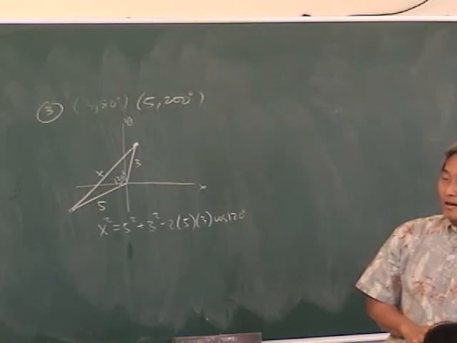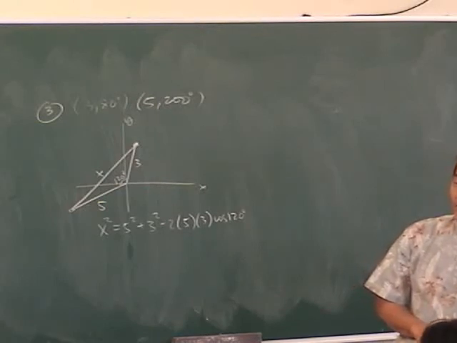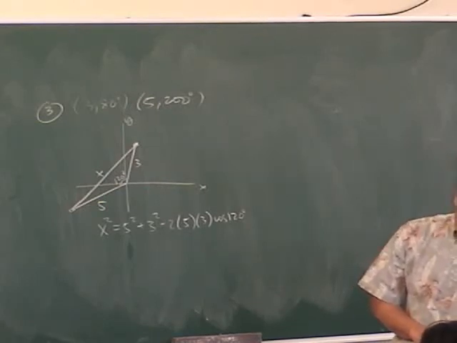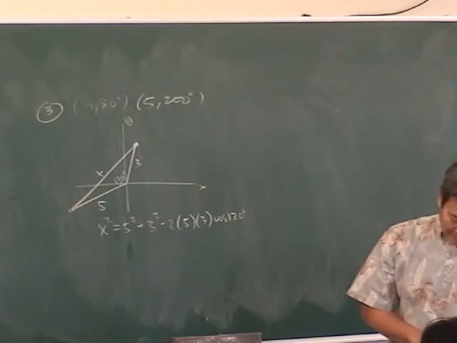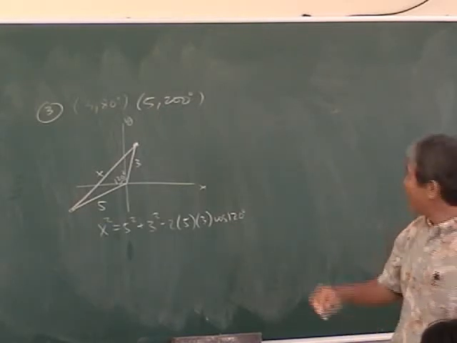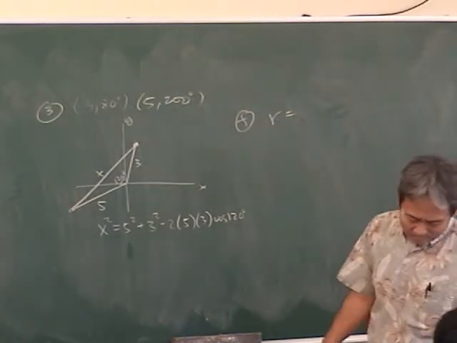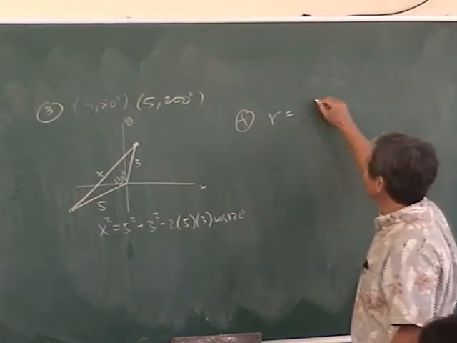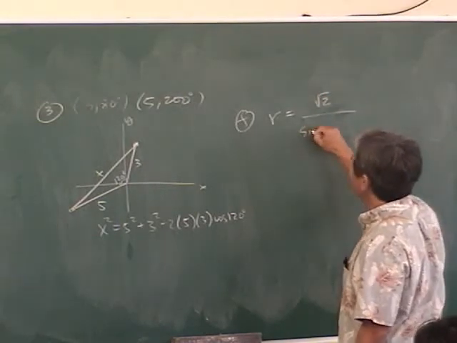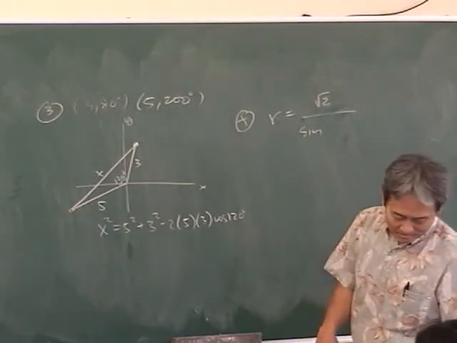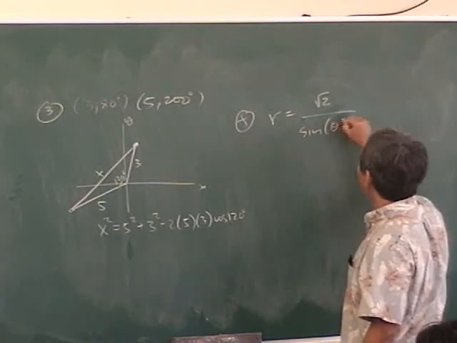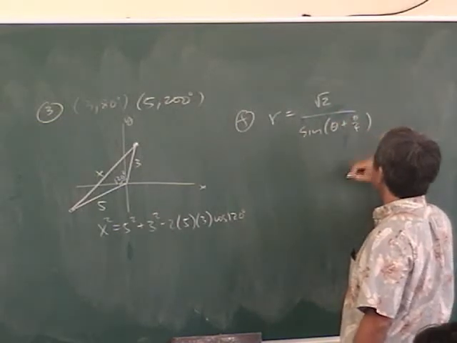Okay, 4 F and J. F is r equals root 2 over sine of (theta plus pi over 4). Okay, what should you do?